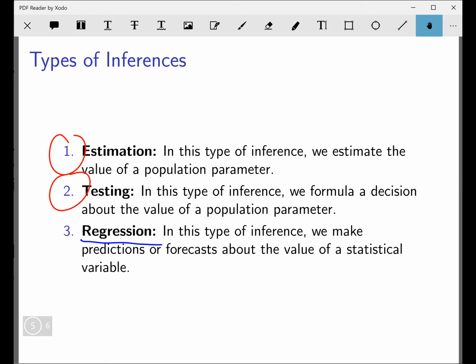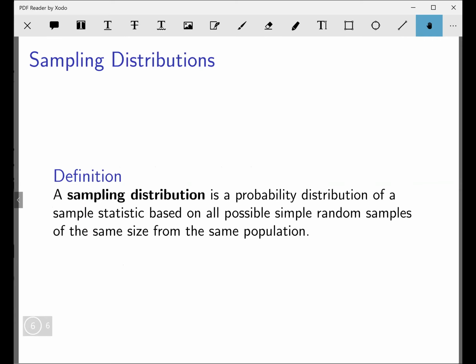So, what is it that we need to know before we can do estimation, before we can do testing? There is a type of distribution we need to understand, and this is called the sampling distribution. It's the probability of a sample statistic.